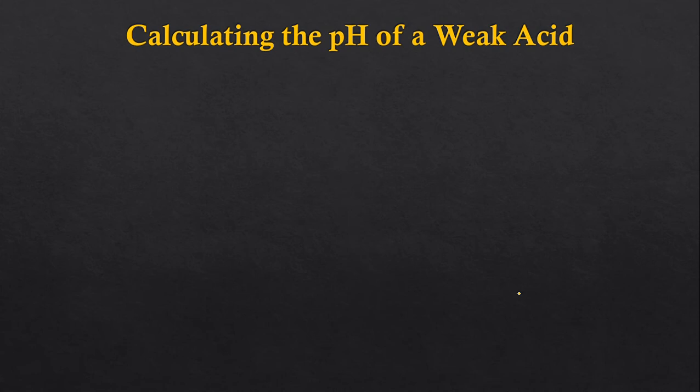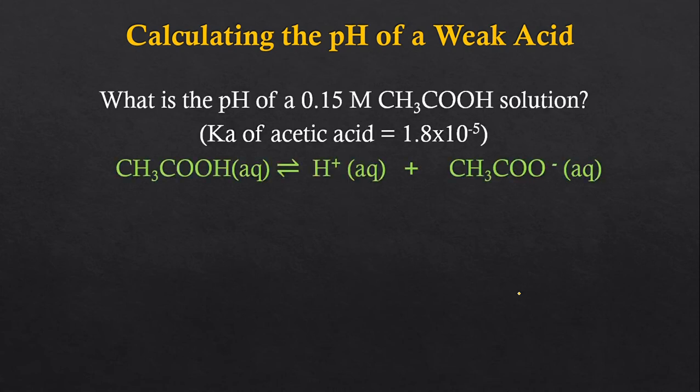Bakit? Kasi sa weak acid, this involves a reversible reaction. At kapag reversible na ang reaction, i-consider na natin dito yung kanyang equilibrium constant. Ayan na, yung diniscuss natin nung nakaraan. Chemical equilibrium, napasok na siya. So, in this example, we are going to calculate for the pH of a weak acid.